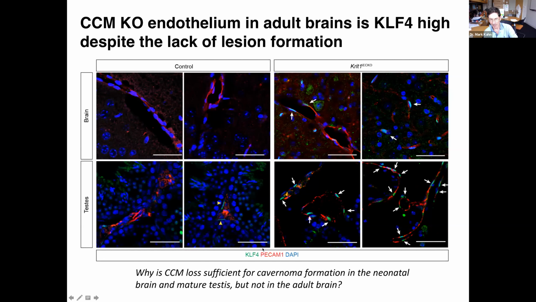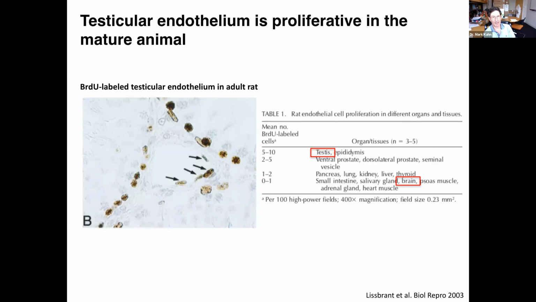We have a good antibody for that nuclear transcription factor, and you can see the red is the endothelium, and the green here is the nuclear KLF4. So we were having the predicted signaling effect that we had shown to be causal, and what we thought was sufficient for CCM formation in the neonatal model. But in an adult animal, it was no longer sufficient, and we couldn't get lesions. So the question was, why not?